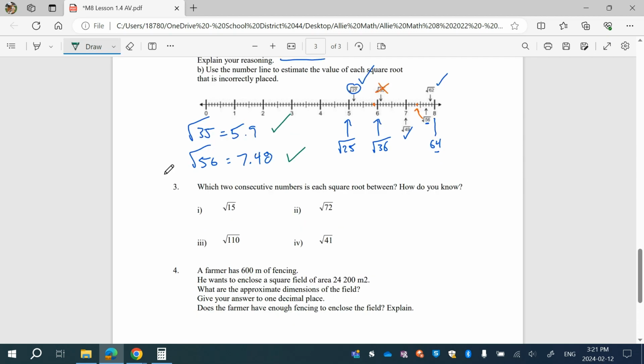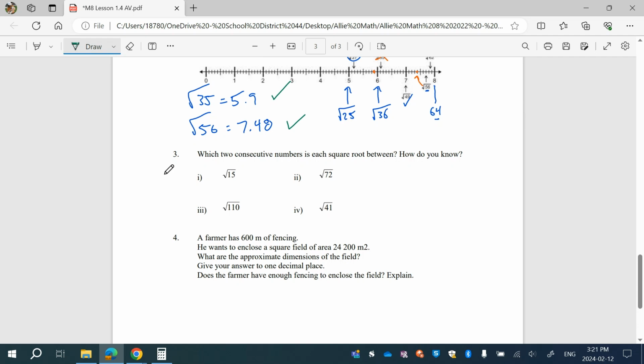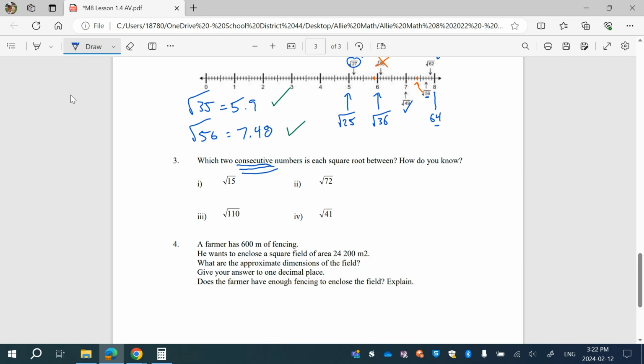So let's look at number 3. Which two consecutive numbers is each square root between? How do you know? Remember we talked about this word a little bit before, consecutive: coming right after each other. What I would think about is our celebrity numbers, right?